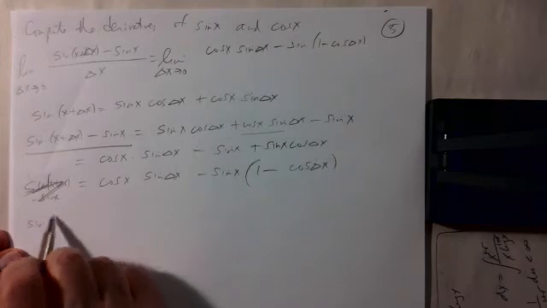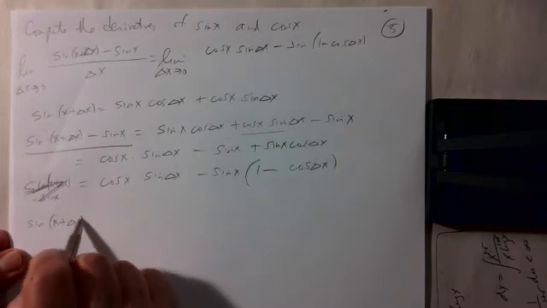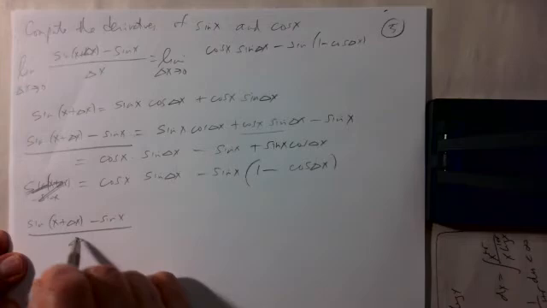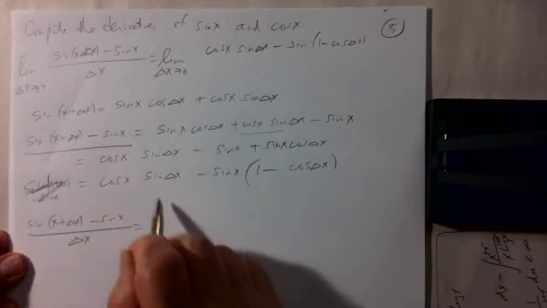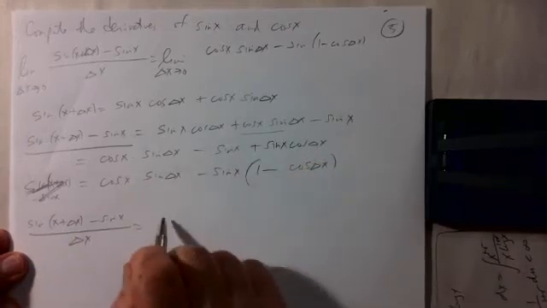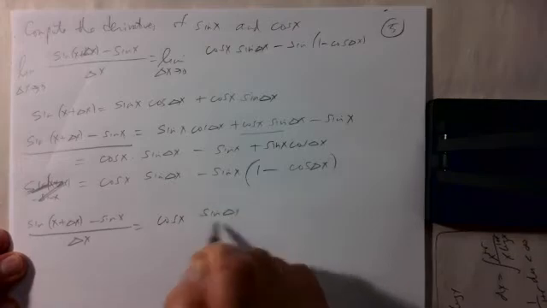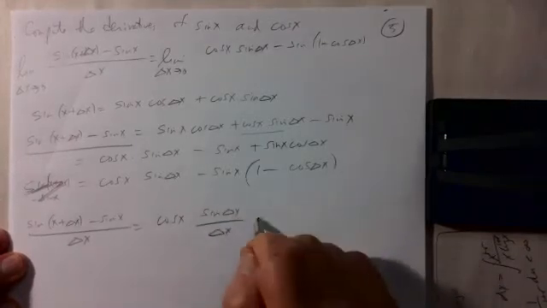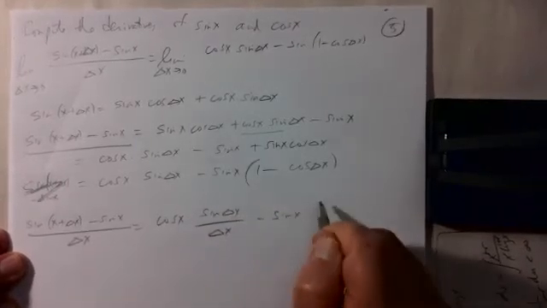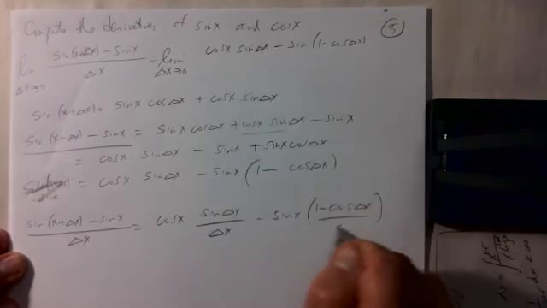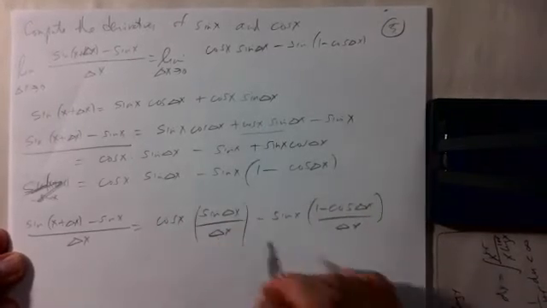So the sine of x plus delta x minus the sine of x divided by delta x, I get this expression divided by delta x. I can write that as cosine x sine delta x over delta x minus sine x times 1 minus cosine delta x over delta x.